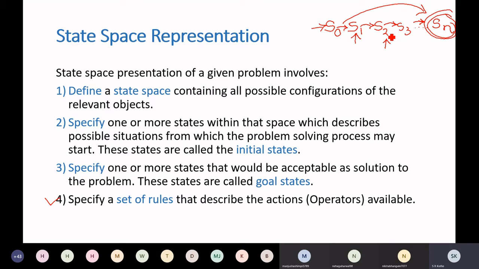So again you are going to process it in a similar way. You are going to find a rule which can be applied on this state S2, and then that rule may convert it into S3, and so on. At the end it will convert it into the state Sn. So this is the complete problem solving process which you are going to program, right? Understood?